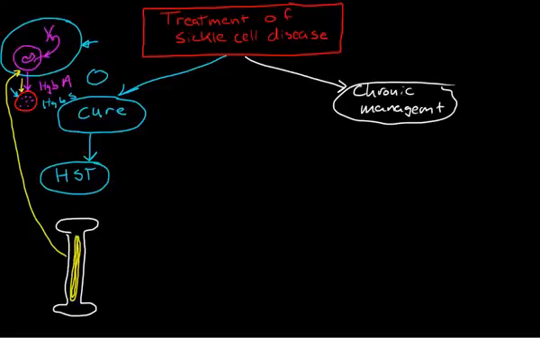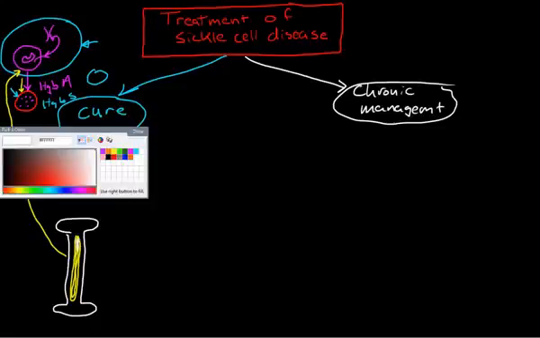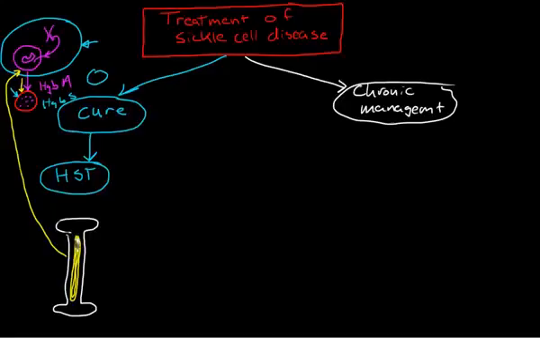So in a hematopoietic stem cell transplant, we give the patient a medication, chemotherapy, that ablates their marrow, and then we get some hematopoietic stem cells from a healthy donor.